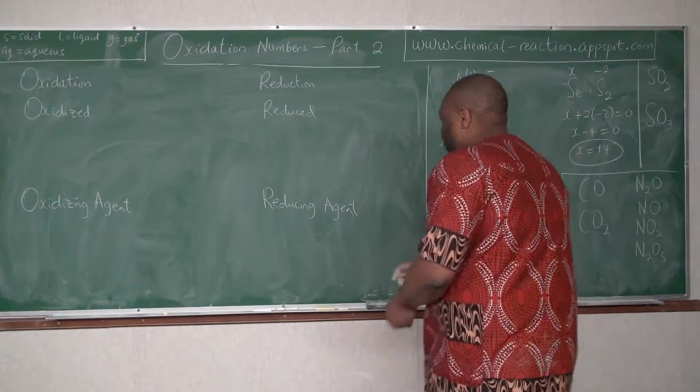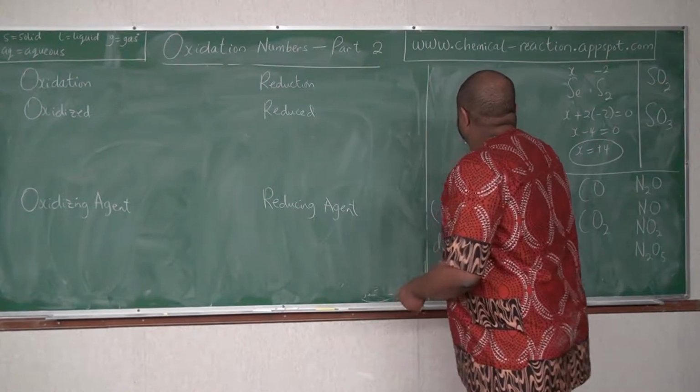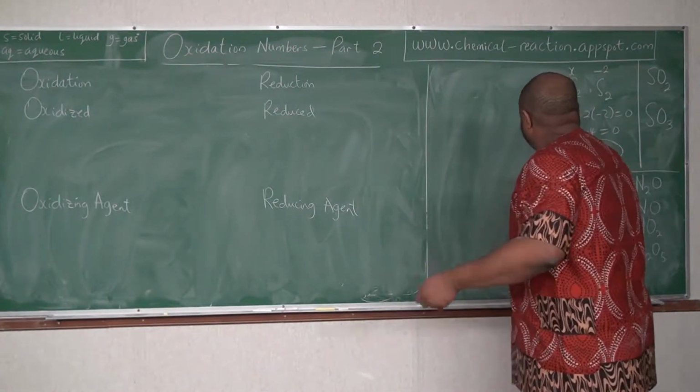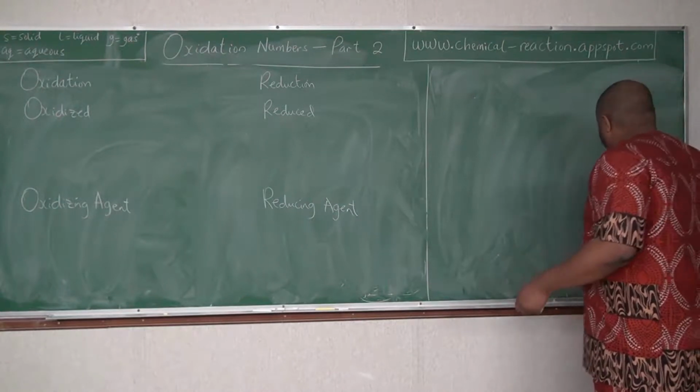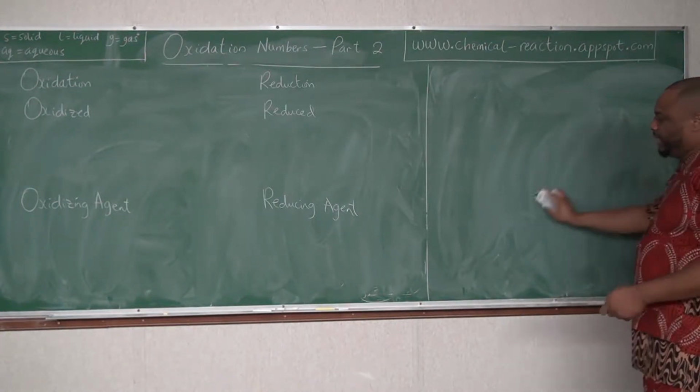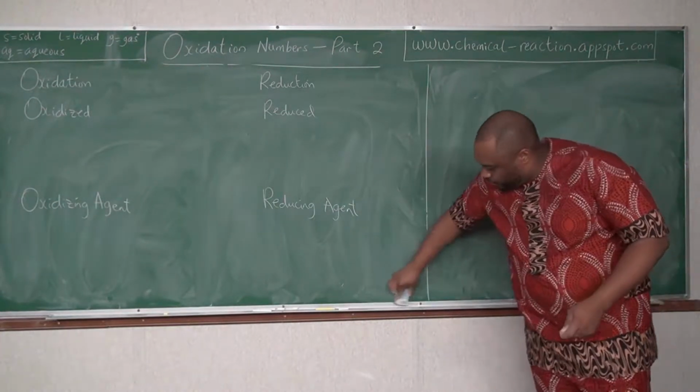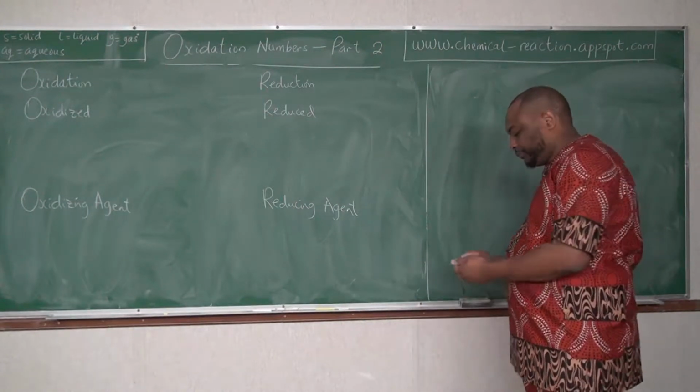So we are looking at who gives and who receives. I want to explain this in a way that you will not have to memorize it.